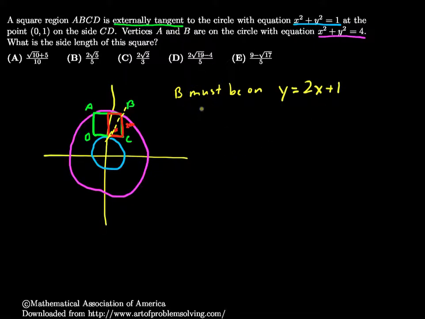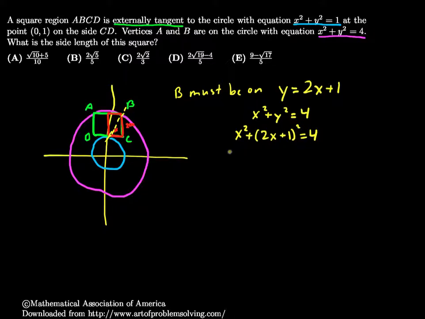But we also know that B must be on x squared plus y squared equals 4. Now I just have a nonlinear system to solve, and I'll get my answer. So let's substitute 2x plus 1 in for y. I get x squared plus (2x plus 1) squared equals 4.